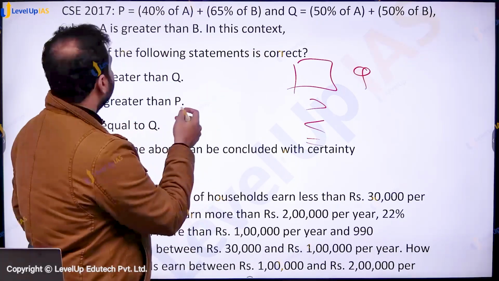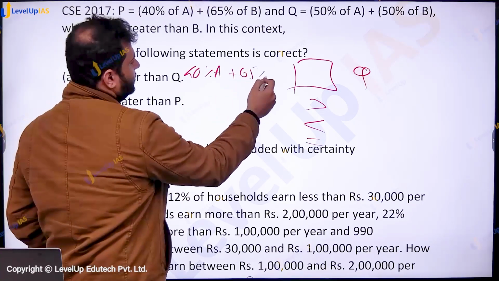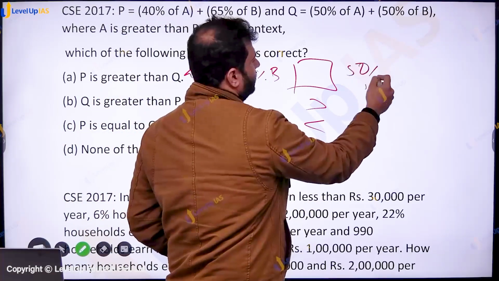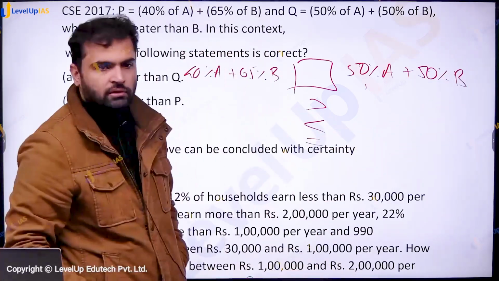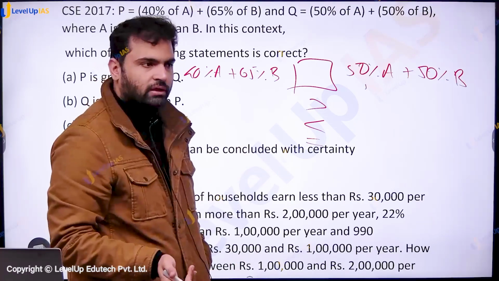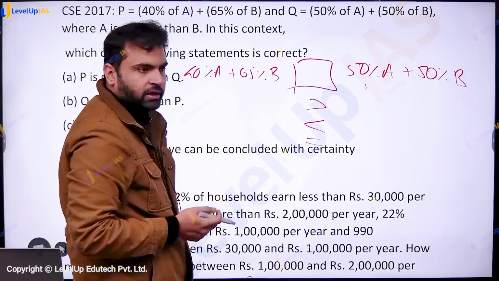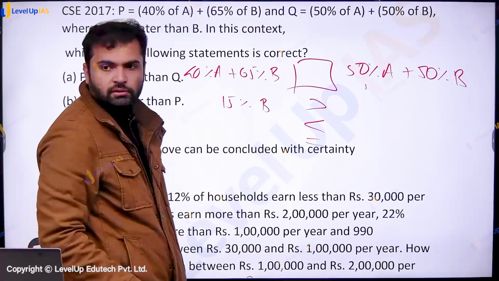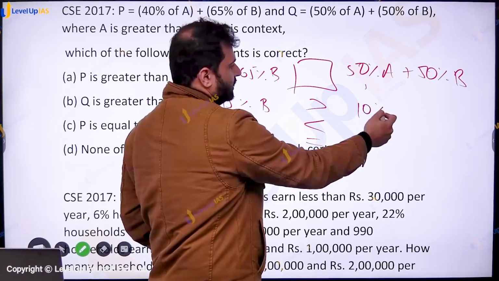So we have 40% A plus 65% B. Here I have 50% A plus 50% B. I cannot compare like this. At least let me take A on one side and B on another side. So this is bigger, 65%, so 50% I can bring here. So I'll get 15% B and 50% A minus 40% A is 10% A.